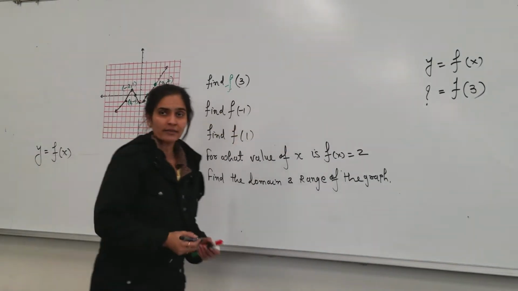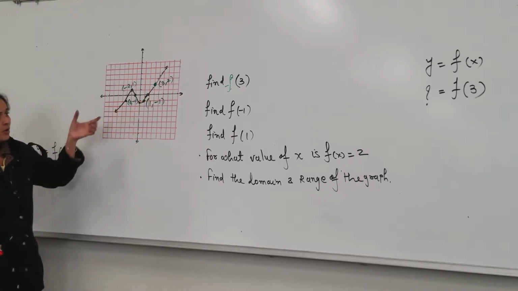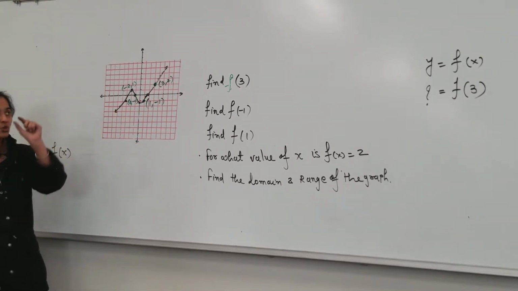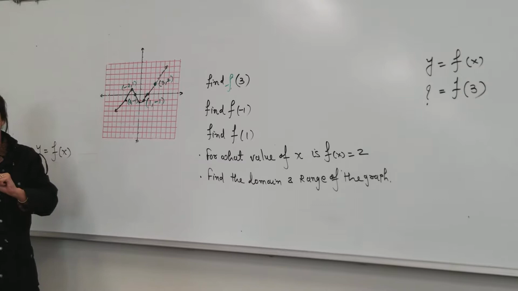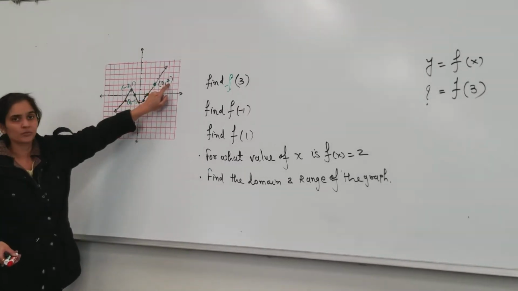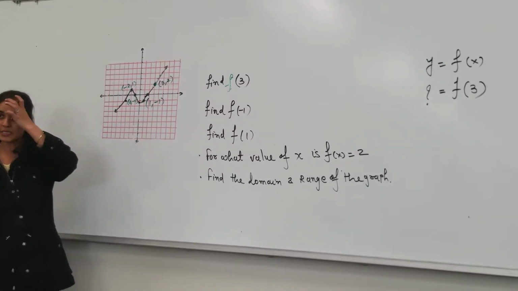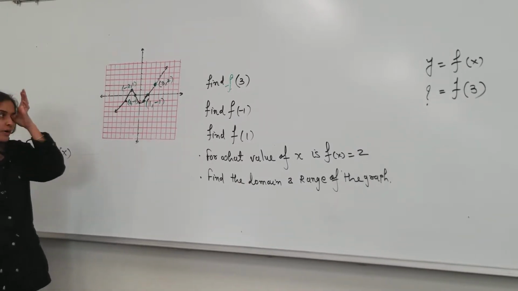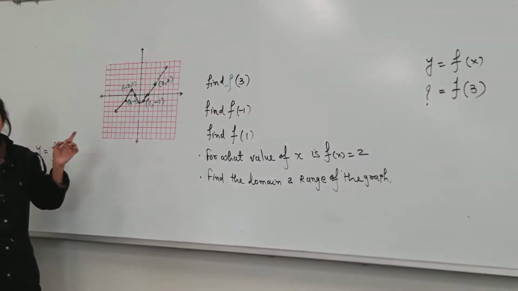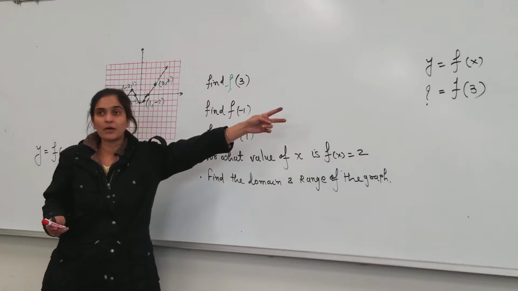What I'm looking for is y. So my question, everybody, in these ordered pairs, do you have somewhere your x coordinate is 3? Yes. What is your y value? 2. That's your answer. Can you see that? So what did we do? For this graph, label the ordered pairs first and then compare with the function definition.